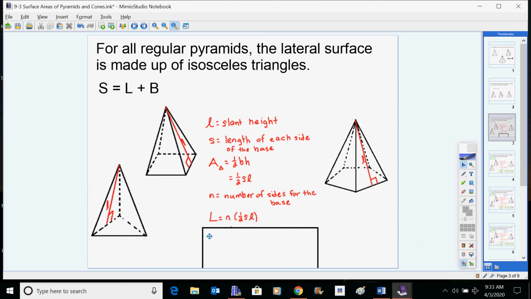So we're working with a formula where the L, the lateral surface, is the number of sides times the area of the triangle, because there are this many N triangles, and here's the area of a triangle.